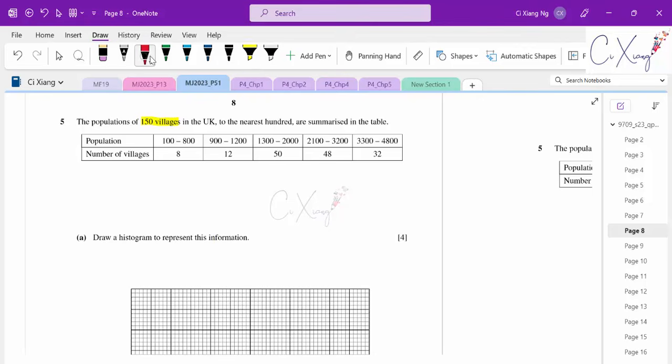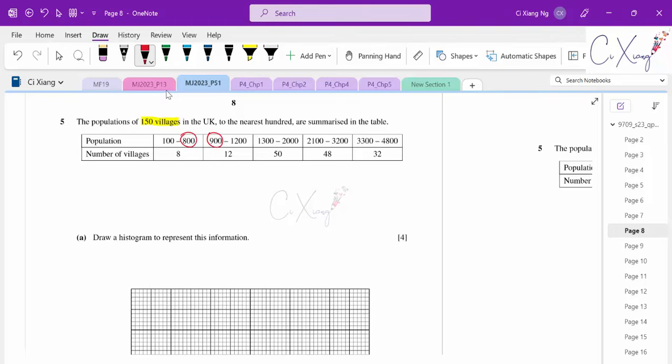Okay, before you draw the histogram, the very first thing we need to double check is whether all the widths for the bars here are the same or not. And before we start, let's have a look at whether we have the class boundaries or not. You can check the upper limit for the first class and the lower limit for the second class.